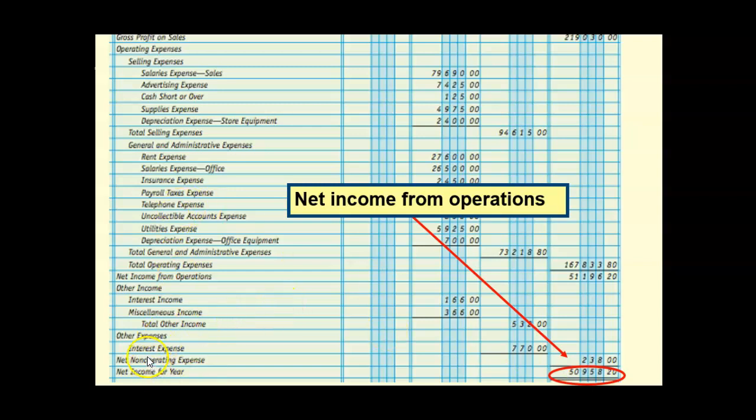Now, if you had a net non-operating revenue, you would add that to net income from operations to get your net income for the year. So here you have it, ladies and gentlemen. This is your first classified income statement. We're now going to prepare next what's known as a classified balance sheet and our statement of owner's equity.